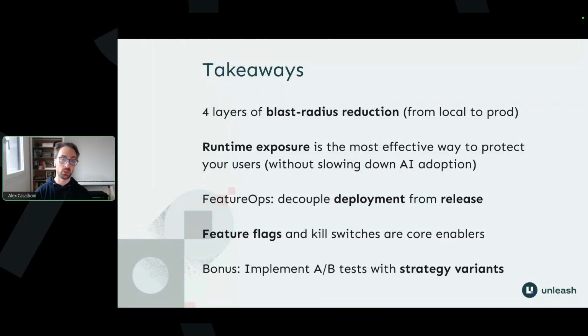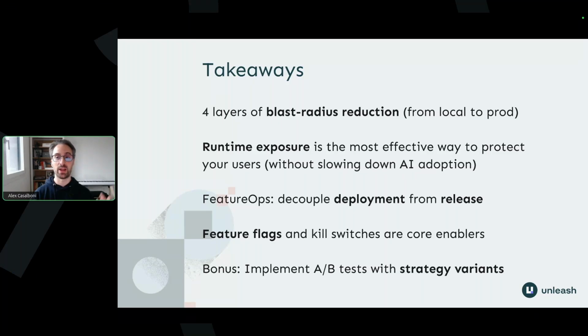Now, here are my takeaways from today's webinar. Remember the 4 layers that we talked about for blast radius reduction, going from local all the way to production. Runtime exposure or runtime control is the most effective way to protect your final user in production.